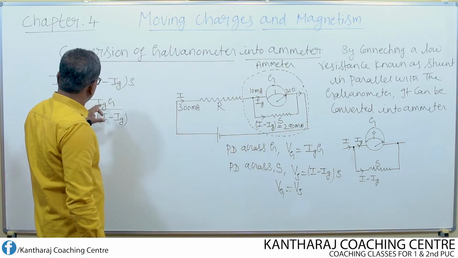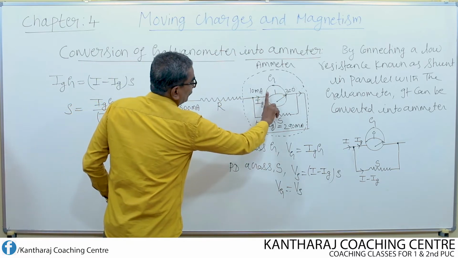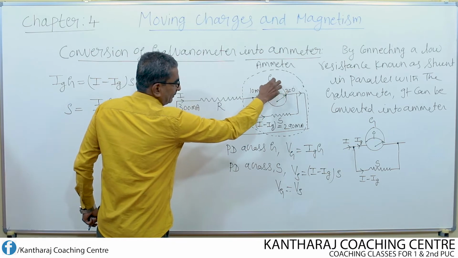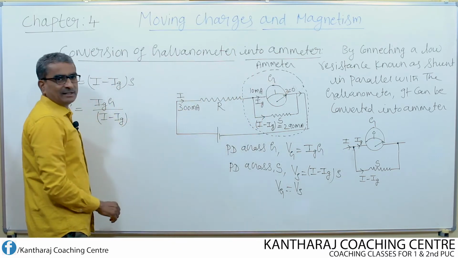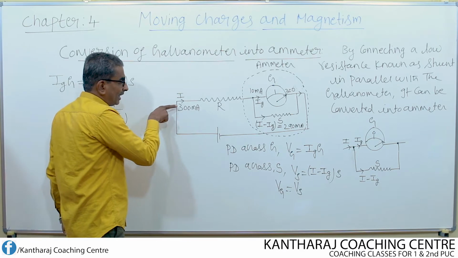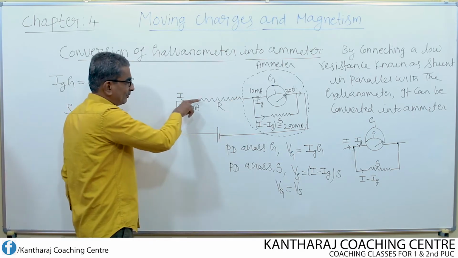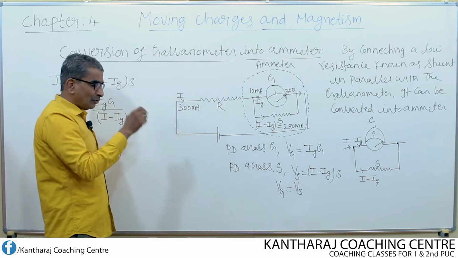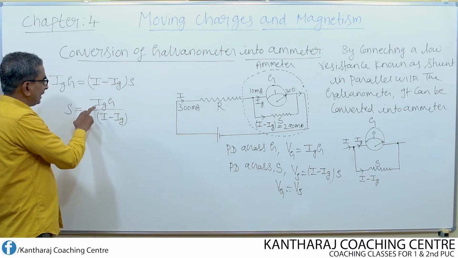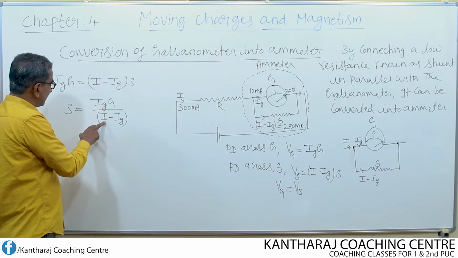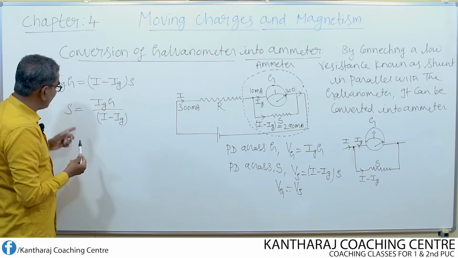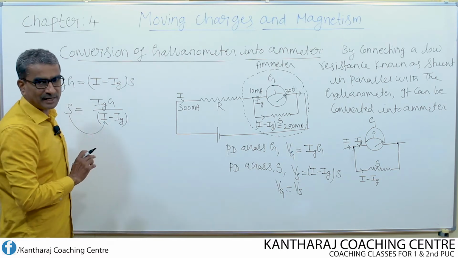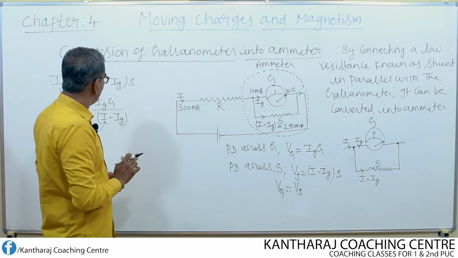If we know the current that produces full scale deflection in a galvanometer, which is Ig, and by knowing the value of resistance of the galvanometer and also what current is to be measured or what current is flowing in a circuit, then by substituting for Ig, G and I, the value of shunt required to measure the current of the range I ampere can be found out.